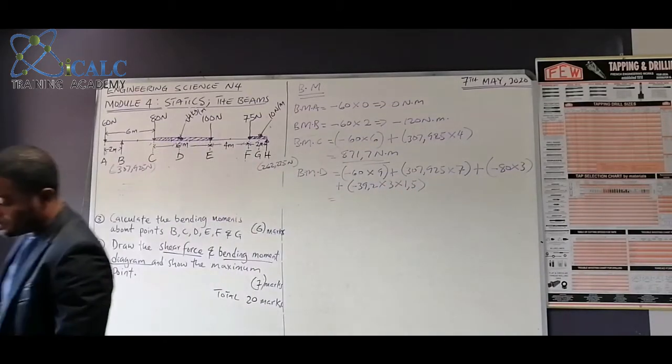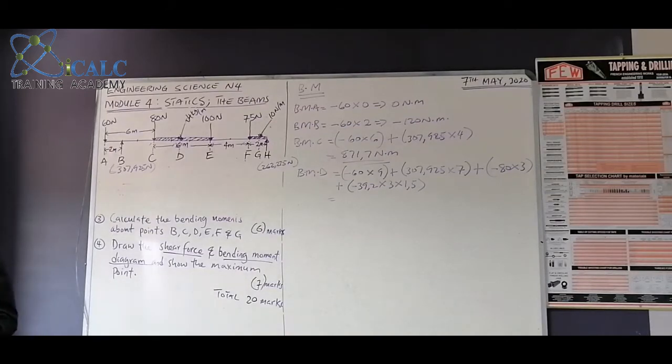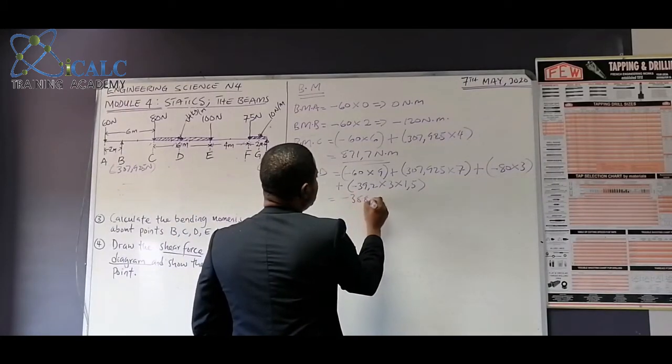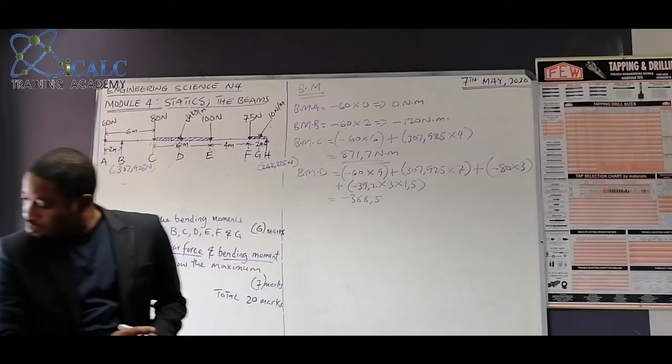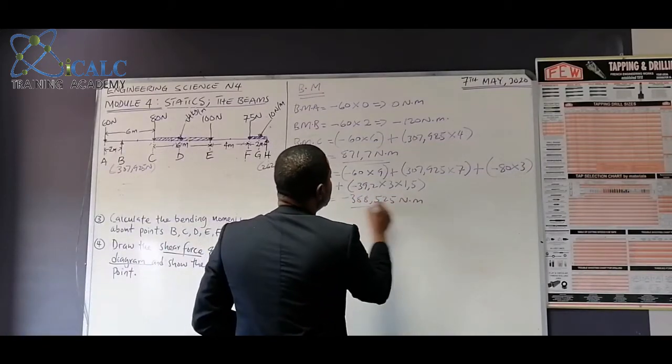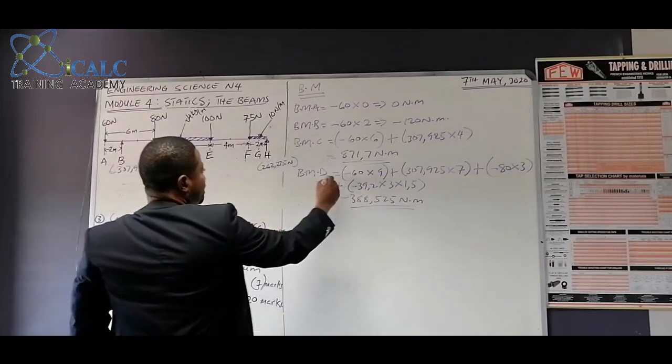So for BMD, we shall have minus 388.525 Newton meter. So that is from the left.